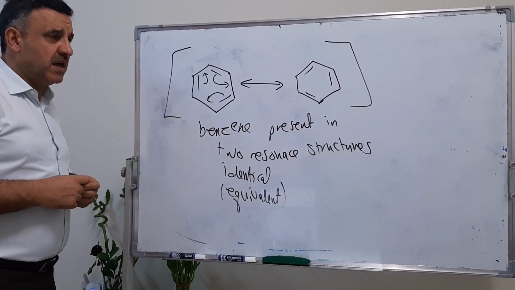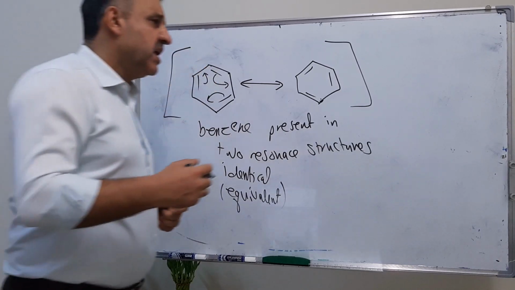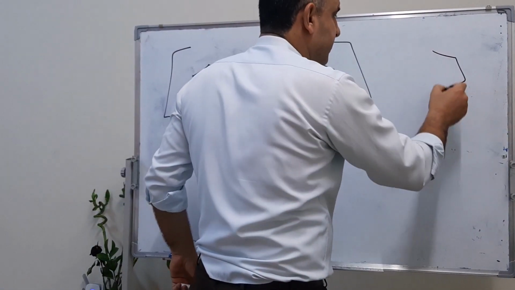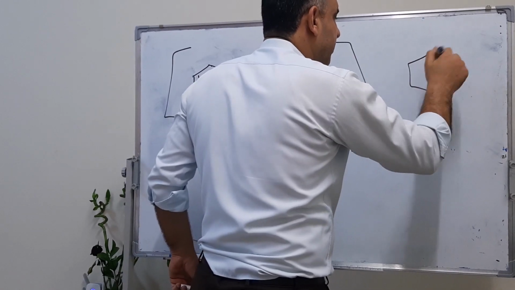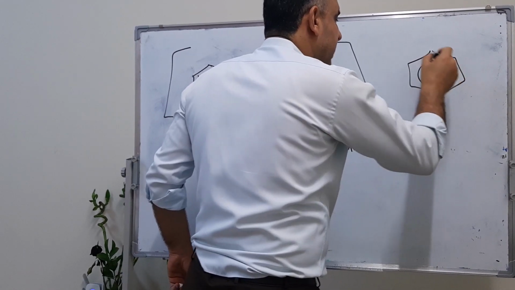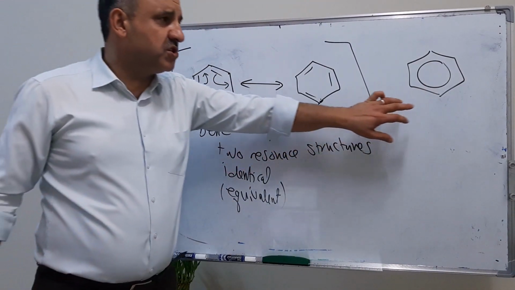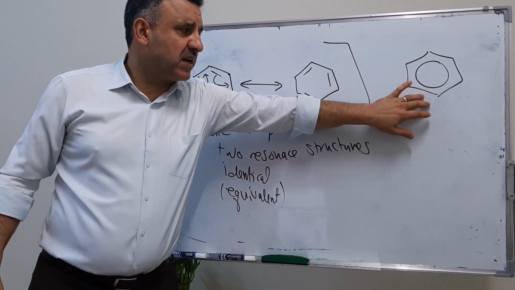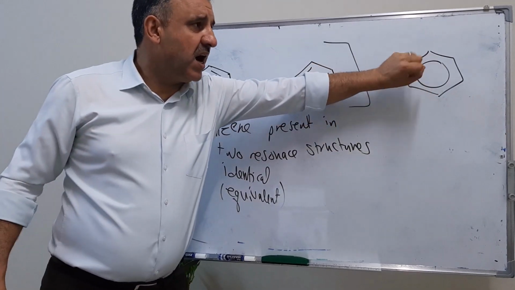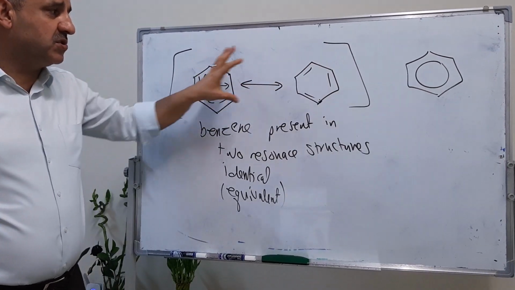The actual hybrid, or the actual representation, sometimes we may represent the benzene this way. Instead of writing the double bonds, we just make a cycle inside the ring, just to mention that this structure is actually a hybrid of two resonance structures, which are these two resonance structures.